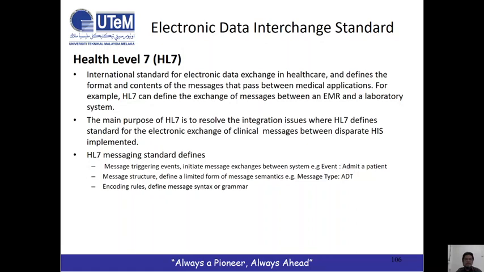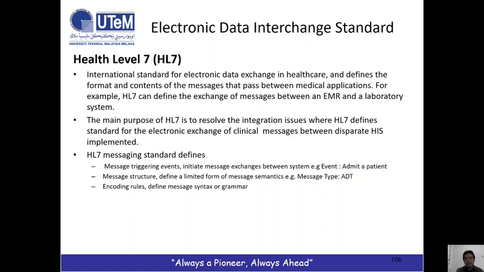In healthcare, there are many services. For example, from registration you go to the clinical consultation. From the clinical consultation, we send data to the laboratory, radiology, the OT, the pharmacy, where the order goes, and the billing department. So there is a lot of interchange of data.